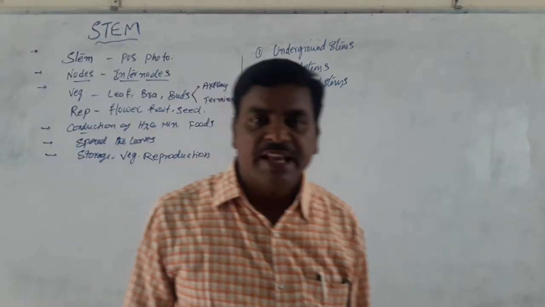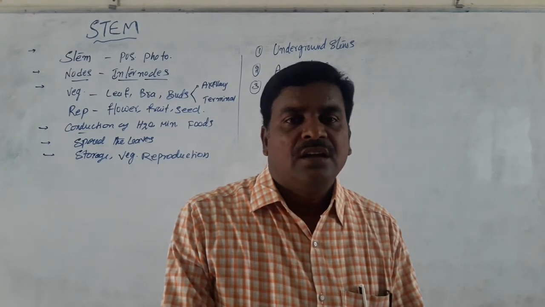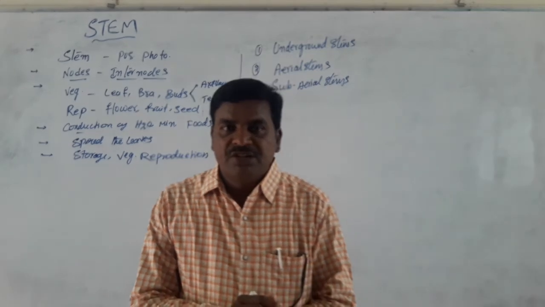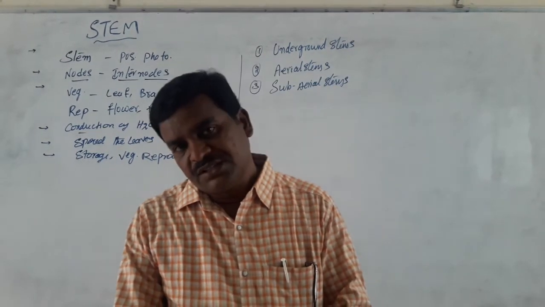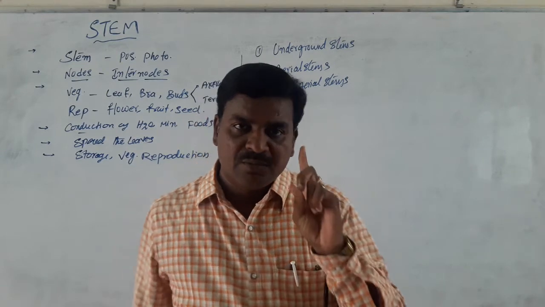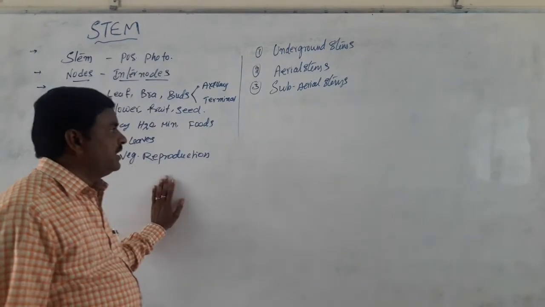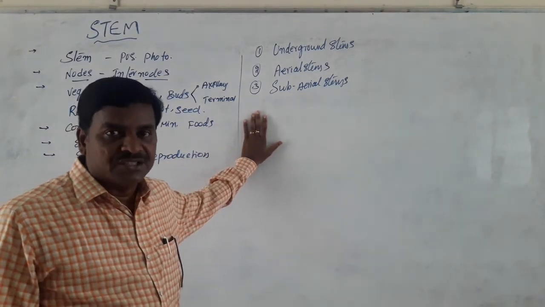Students, just like roots, permanent structural changes may occur in any type of stem in the plant body. Such permanent structural changes occurring in the stems to perform some additional functions along with normal functions, suitable for the environment, are called stem modifications.